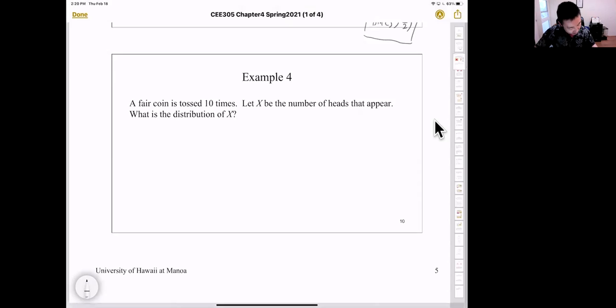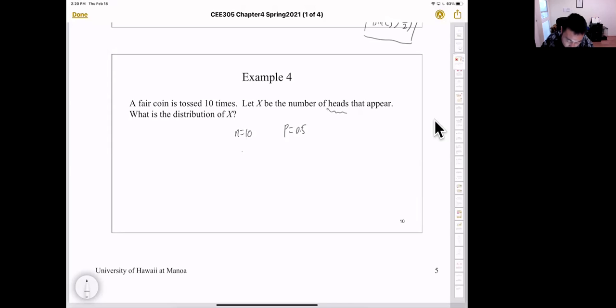Okay, so yeah. Here's another example. A fair coin is tossed 10 times. X is the number of heads. What is the distribution of X? Okay, so n is equal to 10, and for each of these 10 tosses, the success rate is constant, which is equal to 50%.